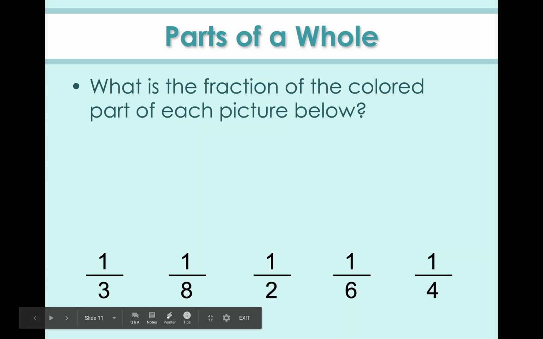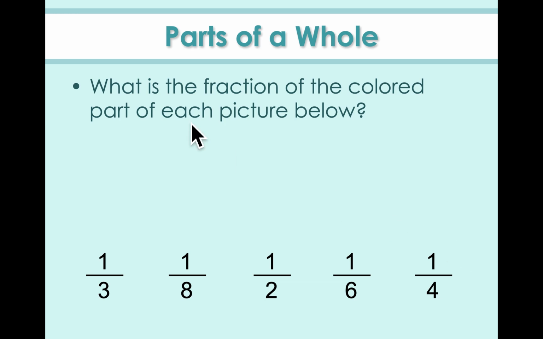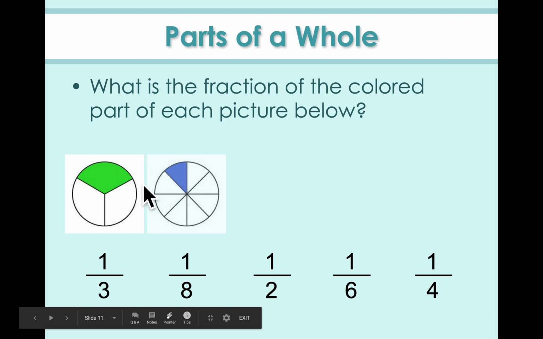Now let's look at another example. What is the fraction of the colored part of each picture below? All right, so over here I can see that 1/3 of my circle is shaded in. So that's 1/3.